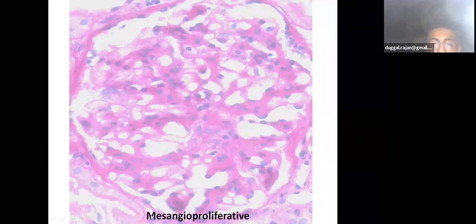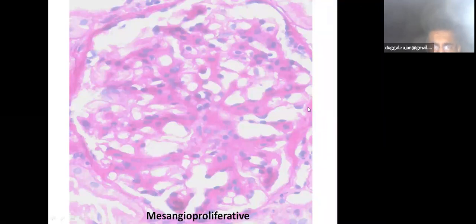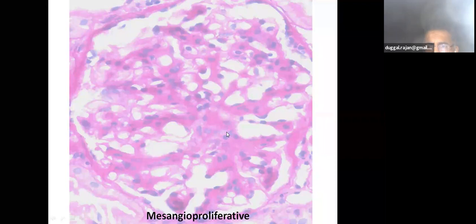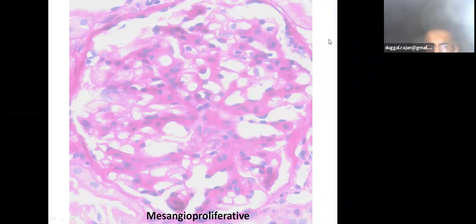Absolutely correct. So mesangial proliferative morphology you see in all of these cases. So how will you differentiate? If you find dominant IgA deposits, it is IgA nephropathy. If you find C3 deposits, it is a resolving post-infectious glomerulonephritis, or it may be C3 glomerulopathy also. If you find a full house IF pattern with mesangial deposits along with C1q, it is class 2 lupus nephritis. So this morphology can be seen in all these three entities.